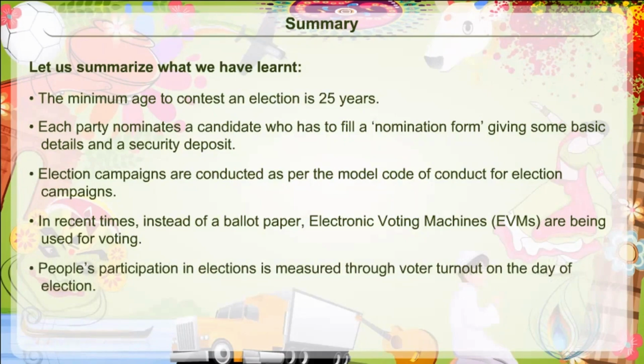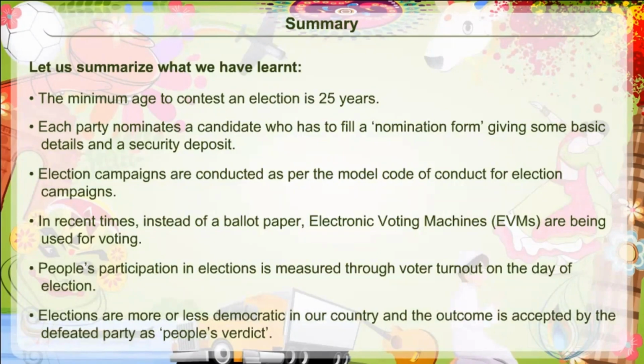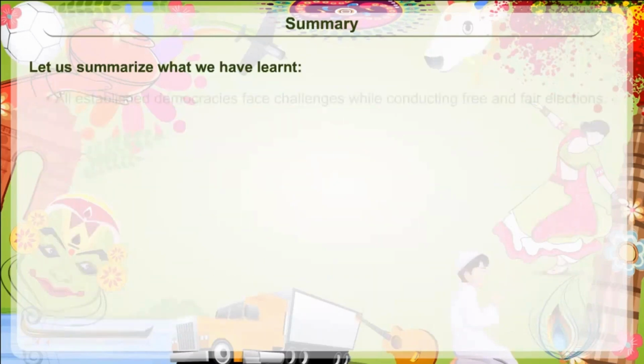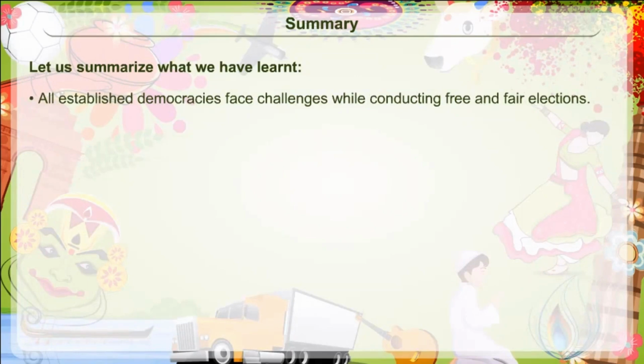People's participation in elections is measured through voter turnout on the day of election. Elections are more or less democratic in our country, and the outcome is accepted by the defeated party as people's verdict. All established democracies face challenges while conducting free and fair elections.